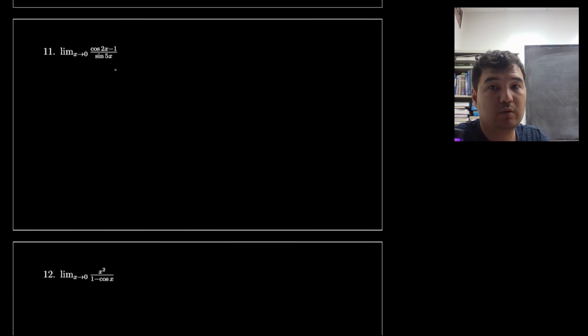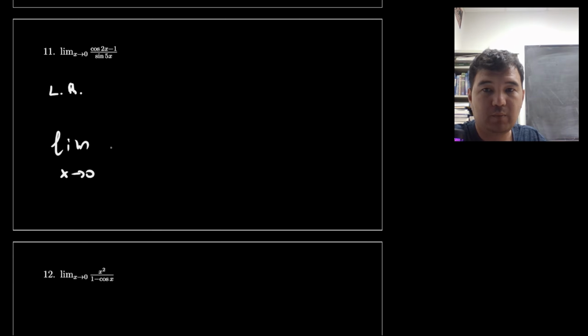L'Hopital's rule still works for trigonometric functions. For example, if you plug in 0 here, cosine 0 minus 1 will be 0. Sine 0 is 0. So if you just plug in, you'll get 0 over 0. That's why we need to take the derivative using L'Hopital's rule. The derivative of cosine 2x is going to be -2 sine 2x.